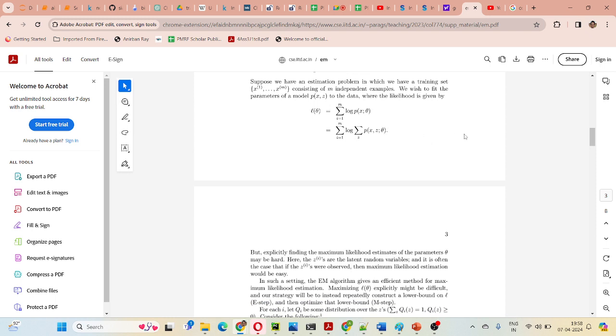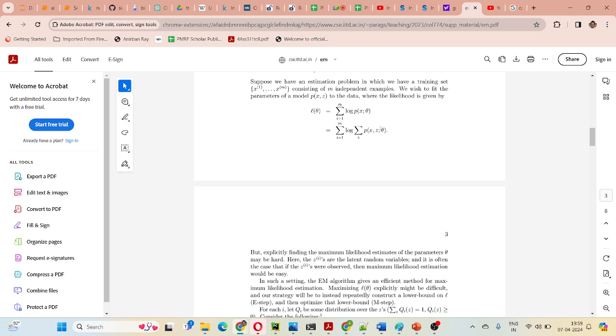In a mixture model, this pz that you have can be like a probability, and the other distributions we have are the classes. So this is the mixture modeling case.